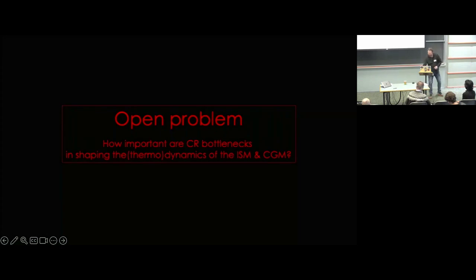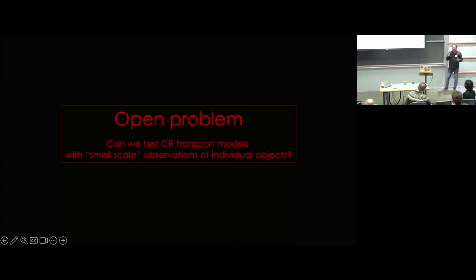The second topic is whether we can constrain transport by looking at individual objects, for example one supernova, or one little so-called HARP in space, or one molecular cloud. Everything that we talked about so far was looking at large CGM, halo, gamma rays, motions in space, but now we could also talk about individual objects.